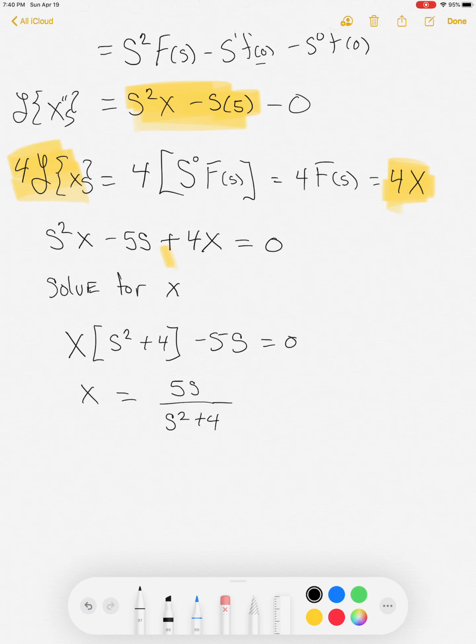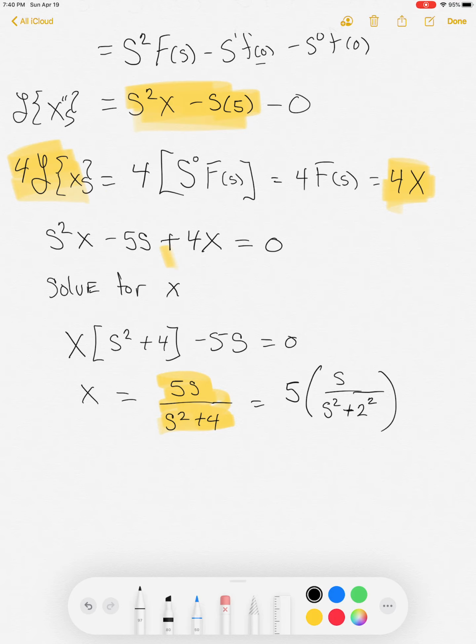Now remember, this is something that I'm going to have to look for in my Laplace transform tables. So I want to make that equal to 5 times s over s squared plus 2 squared, so that I can look at that directly on my Laplace transform table.